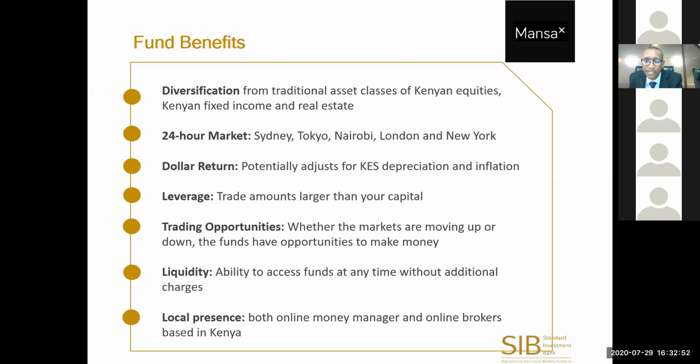Why is this important? Most of the investments that we make have been available to investors even before Mansa was launched. But typically you'd have had to invest in funds that were based in Europe, based in offshore sites like Malta and Jersey.